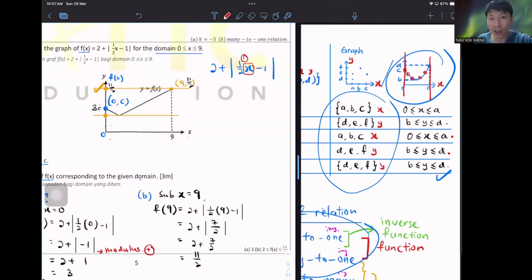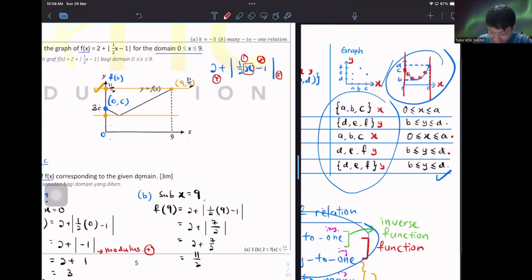You times it with 1 over 2 first, followed by negative 1, then continue with the modulus, and last only plus 2, right? This is a sequence, correct? So do you know that when you draw the graph of this equation, you can also follow the sequence?